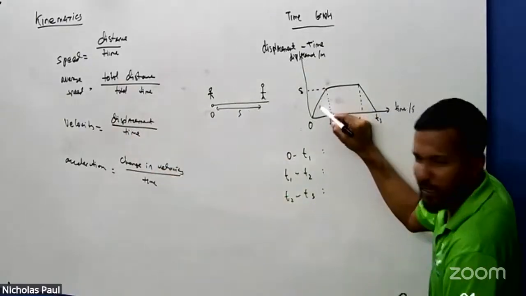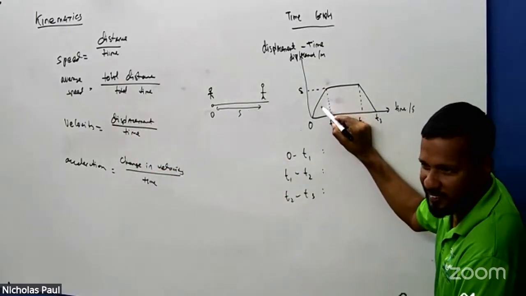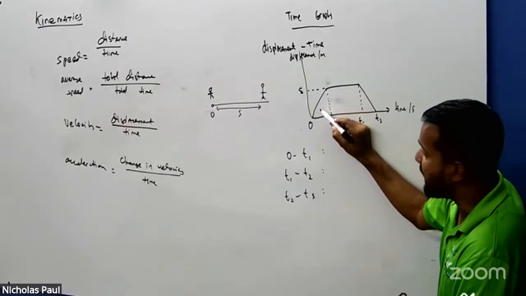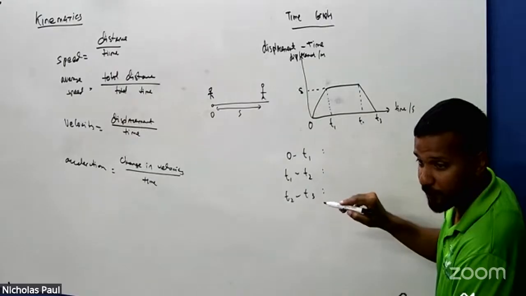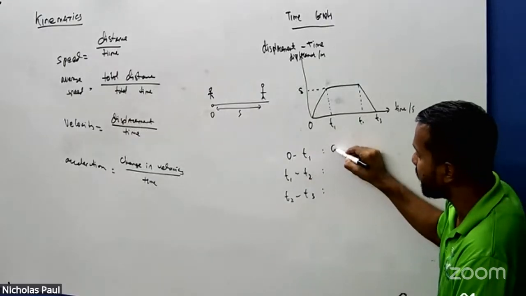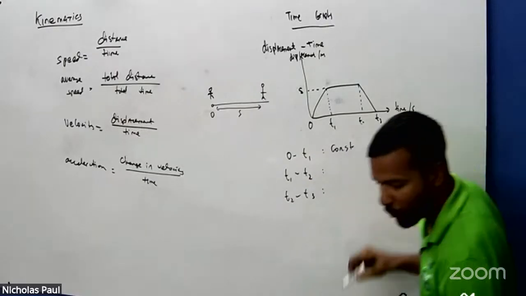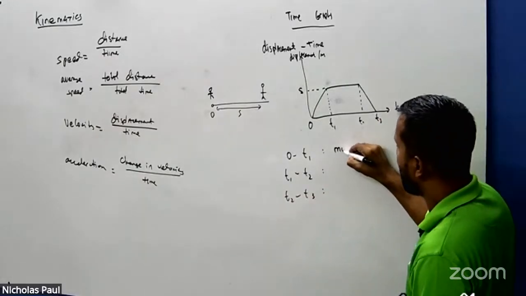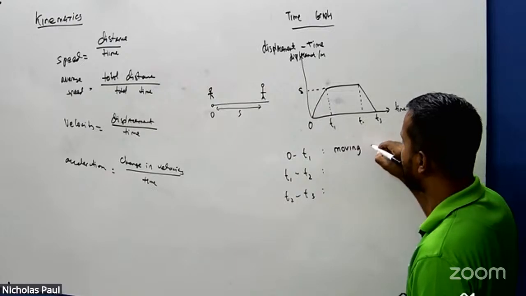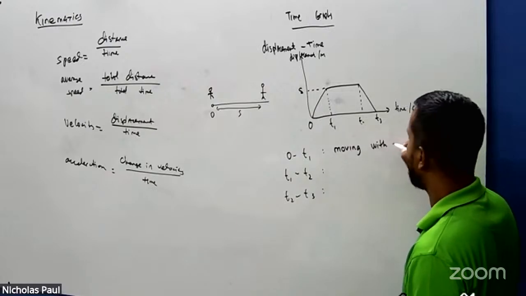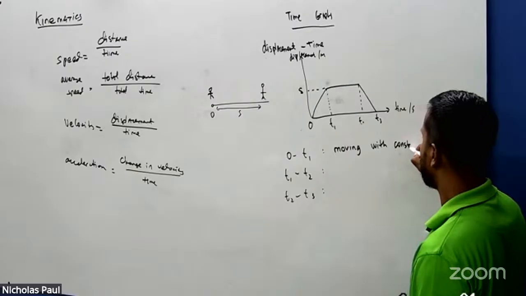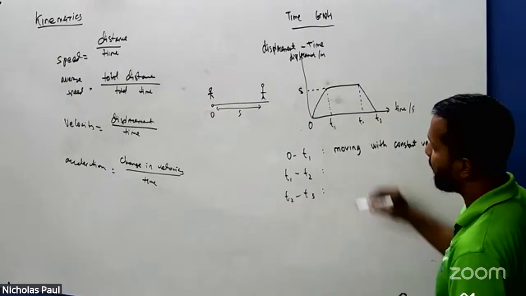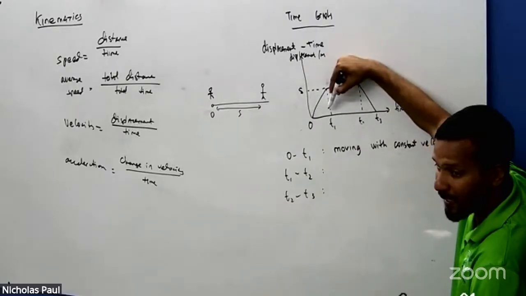But it's a straight line. So how many velocities will he have? 1 velocity, 10 velocities? If it's a straight line, it means you'll have 1 constant velocity. So from 0 to T1, he is moving with constant velocity, because his displacement is changing with time.